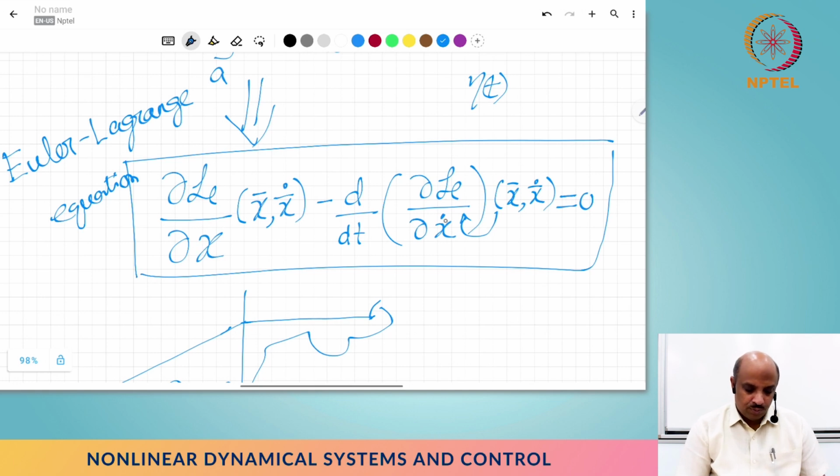If this had lambda, and let's say for the time being that lambda is also time dependent, why that is the case we'll come to in a second, then taking this d by dt will produce another differential equation in lambda. So you will have a differential equation in x as well as lambda.